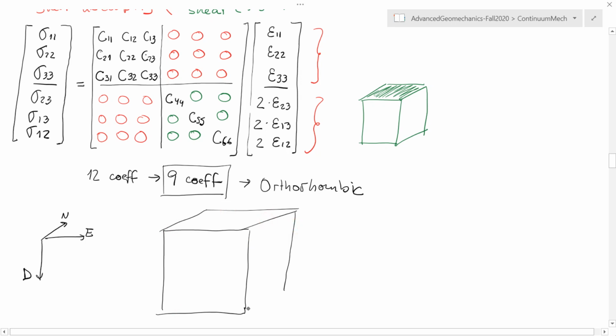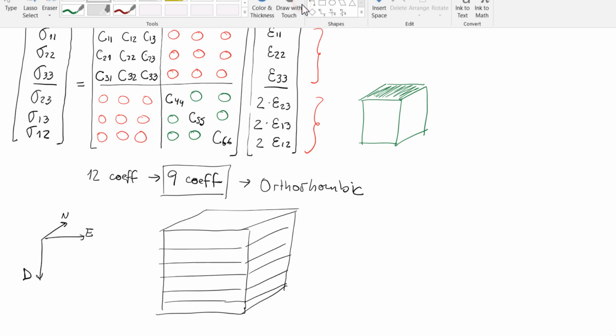In this particular block, if C11, C22, and C33 are different, that's going to mean that they have a stiffness which is different in all directions. For example, I could have a stiffness which is different in vertical direction than in horizontal direction.